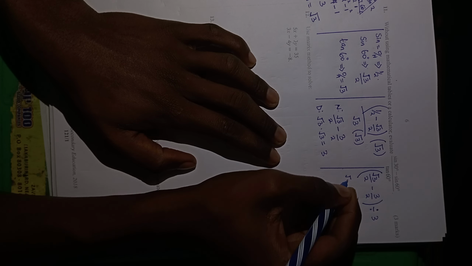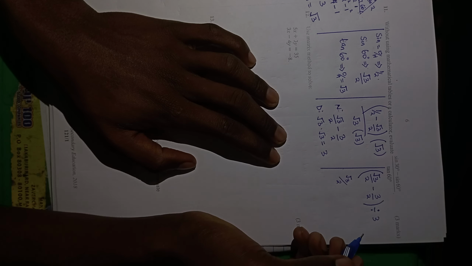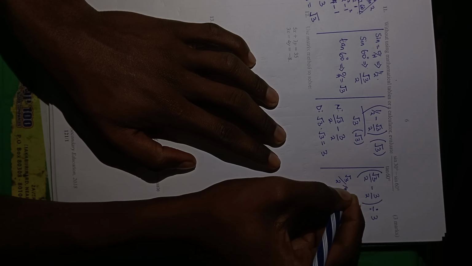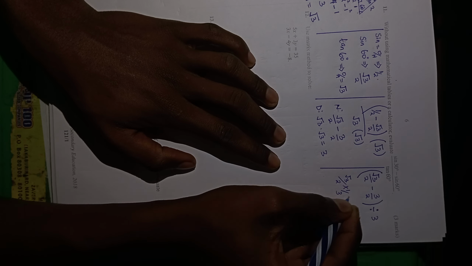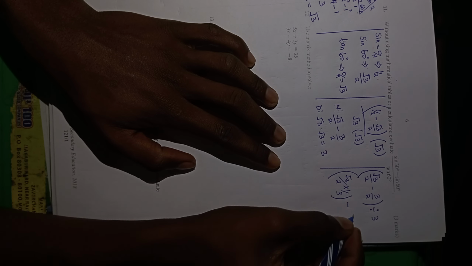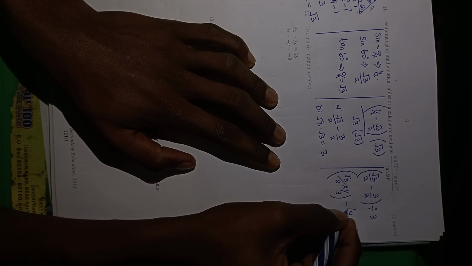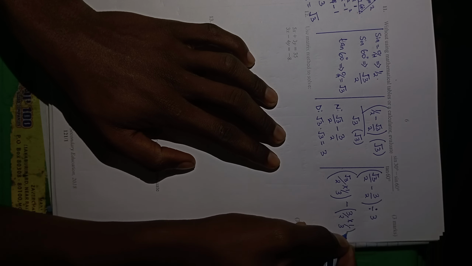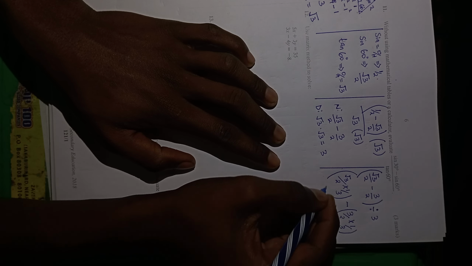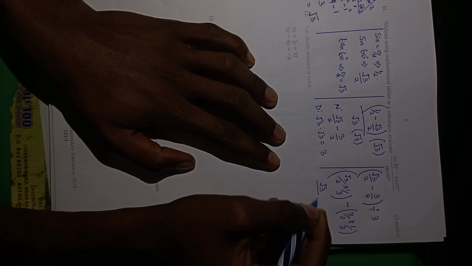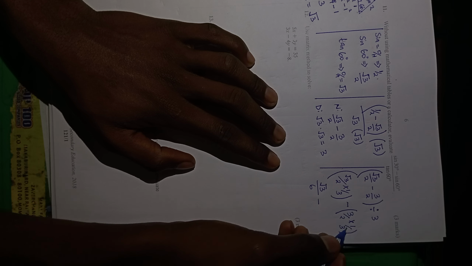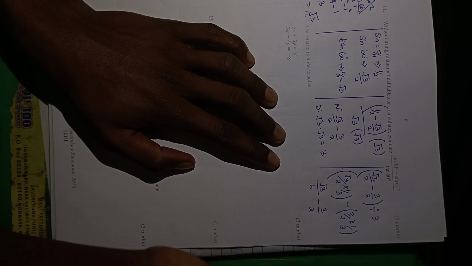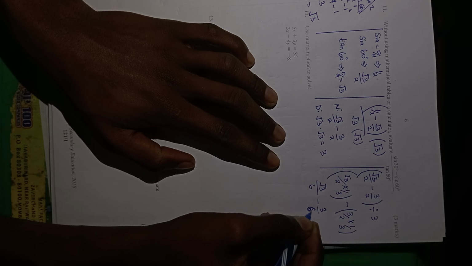If we are dividing by 3, we simply multiply by the reciprocal, which is 1 over 3. So root 3 times 1 is root 3, and 2 times 3 is 6, so root 3 over 6. And then minus 3 times 1 is 3, and 2 times 3 is 6, so 3 over 6.